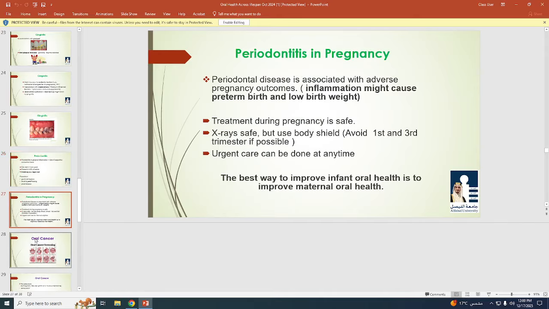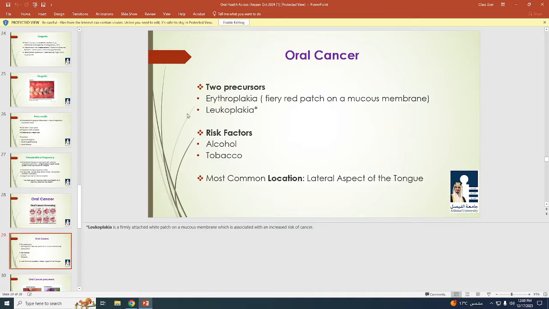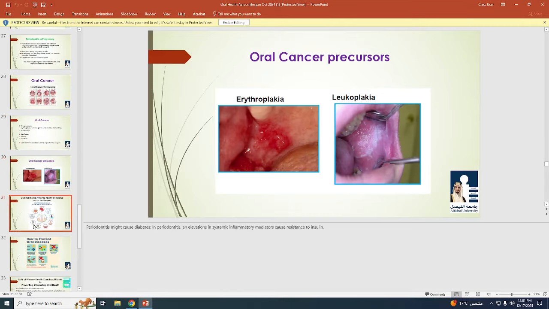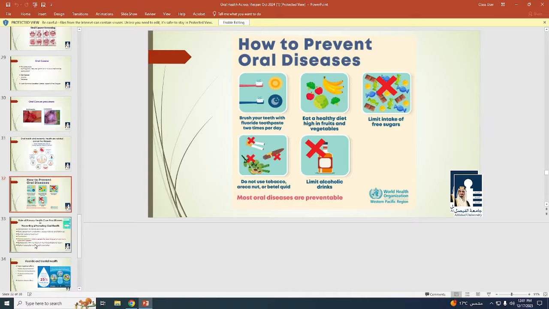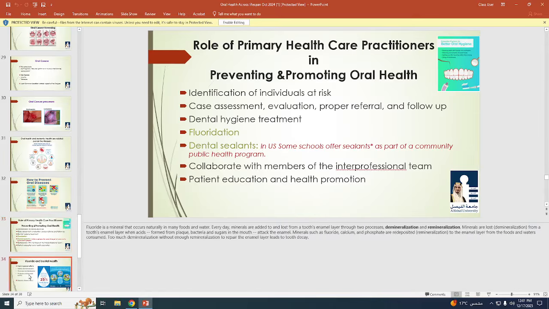Periodontitis is a major risk in pregnancy as well. The oral cancer: what are the two precursors, the risk factors? Where is the most common location? Those are the precursors. How to prevent oral disease? What are dental sealants? Fluoridation is very important.